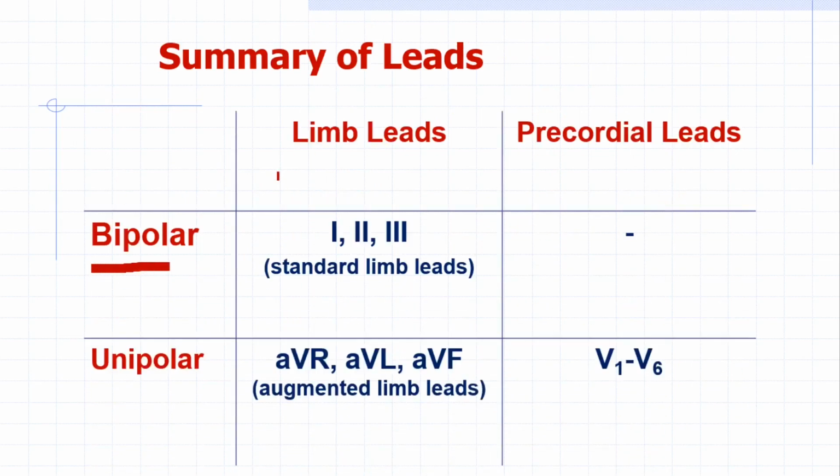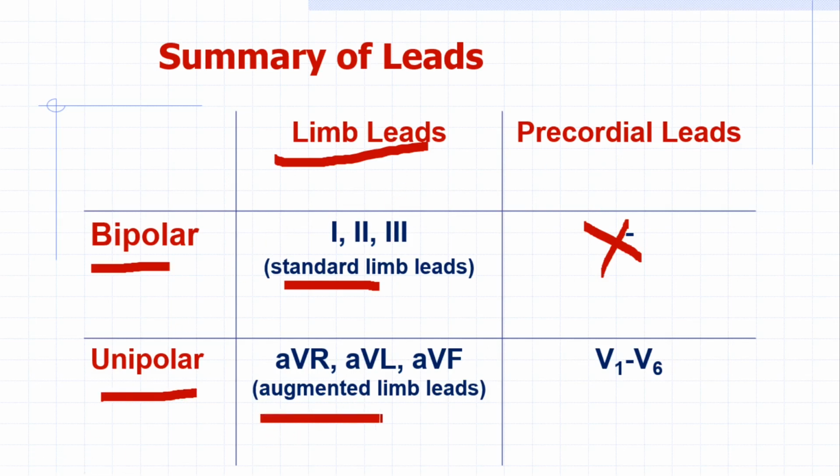One group is the bipolar limb leads: lead 1, lead 2, lead 3. They are also called standard or classical limb leads. There are no bipolar chest or precordial leads. In case of unipolar, there are unipolar limb leads aVR, aVL, aVF. A stands for augmented, V stands for unipolar or voltage.